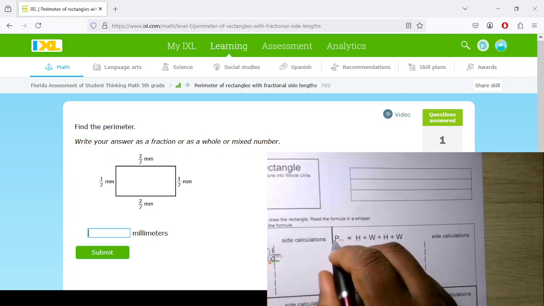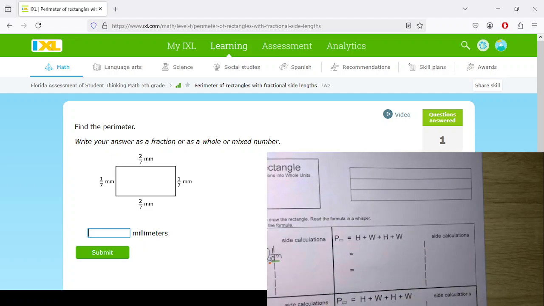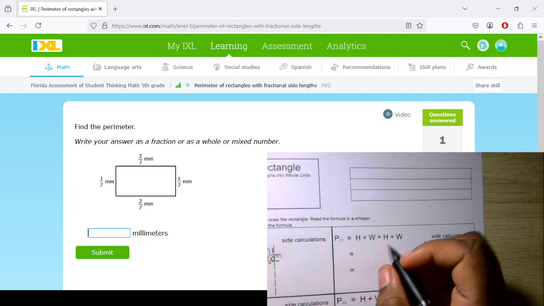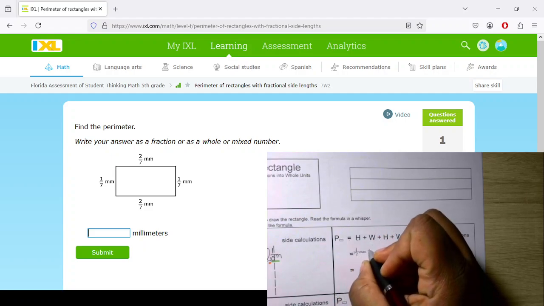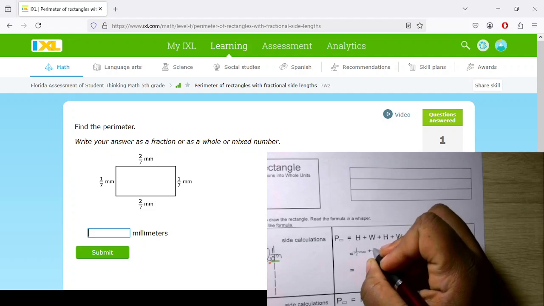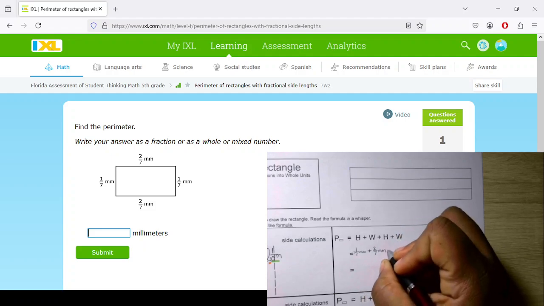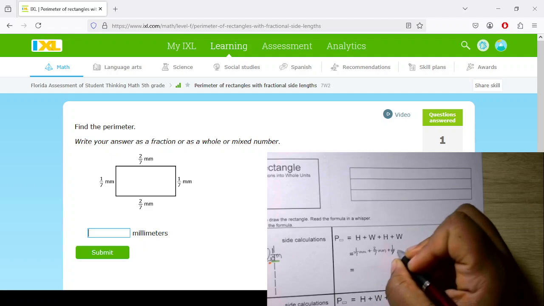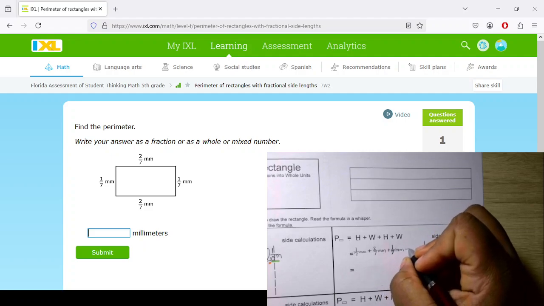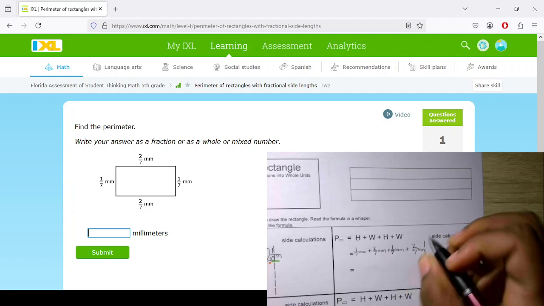Here, the perimeter of a rectangle is calculated by adding up the height and width of every side. The height is 1/7 millimeter, plus the width is 2/7 of a millimeter, plus 1/7 of a millimeter, plus 2/7 of a millimeter.